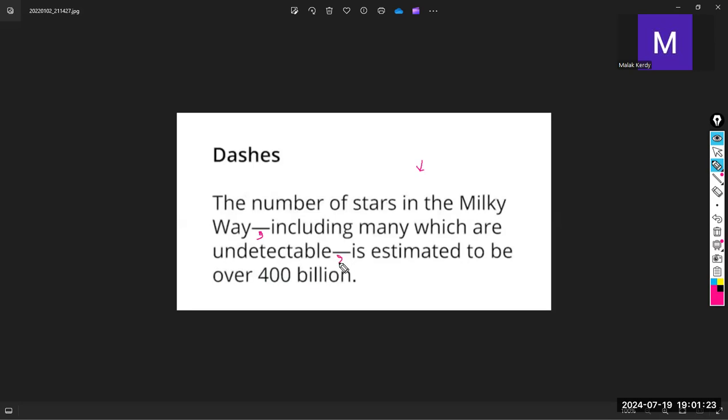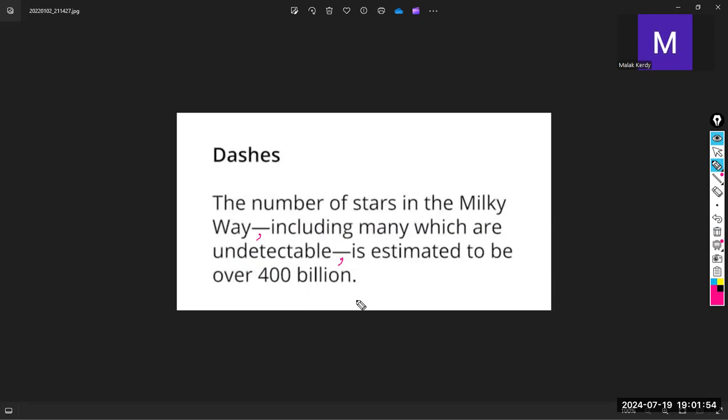If I want to write extra information within a sentence, I have to write it between two commas, because if you delete this, the sentence is still complete. If I say the number of stars in the Milky Way is estimated to be over 400 billion, the sentence is still correct. So I put the extra information between two commas.